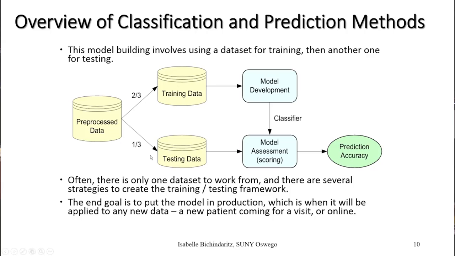Often we go to 70 or 75% for training data, and 1/3 for testing data. The training data allows us to build the model, and we apply the algorithm or method on the training data, and we test it on the test data, where we assess the model and we evaluate a prediction accuracy.